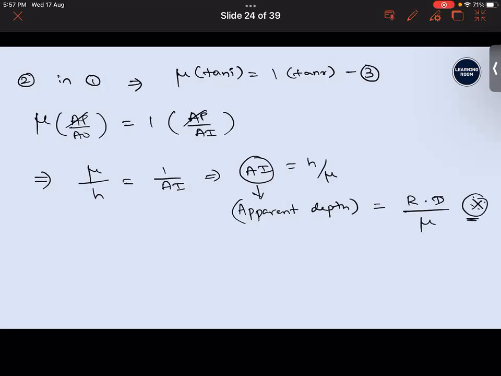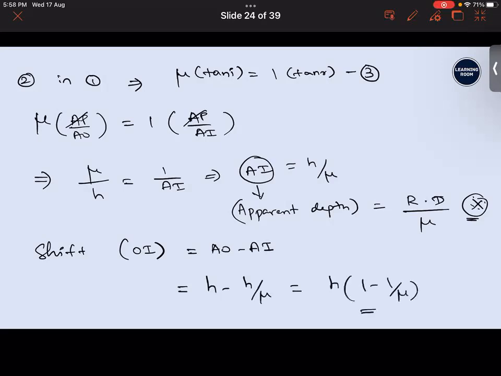Okay. Similarly, what is the shift that has taken place? Shift is OI. OI can be written as AO minus AI. AO is H, AI is H by mu. So H into 1 minus 1 by mu is going to be the required shift that has taken place.